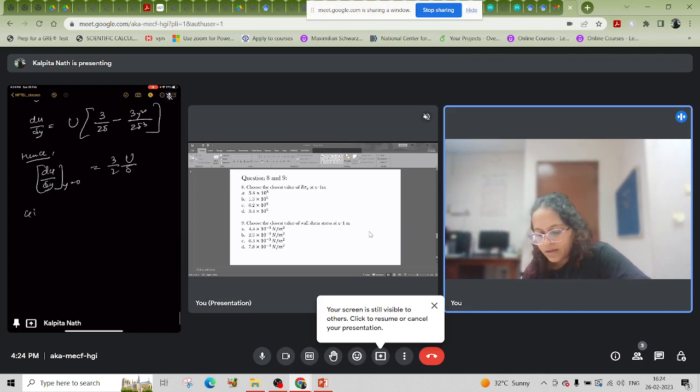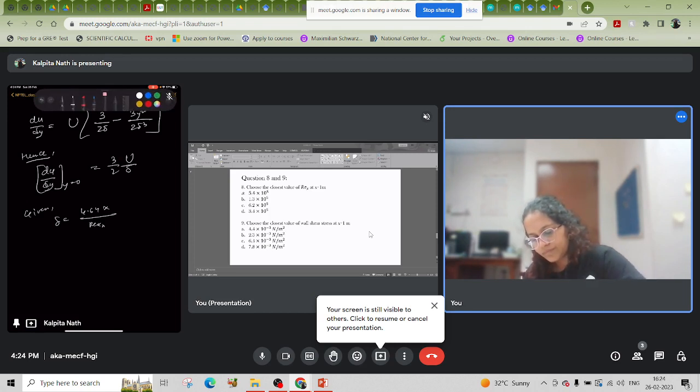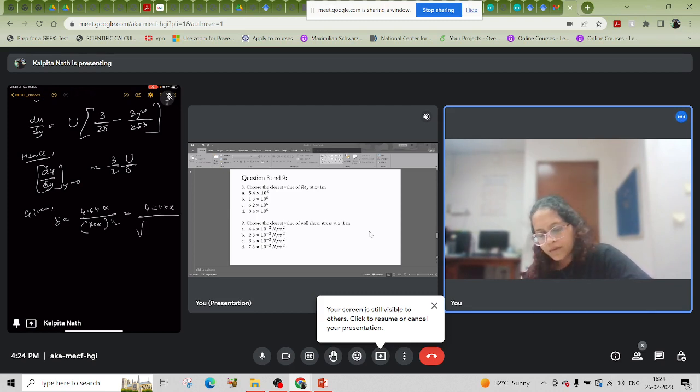So, it's given that delta is equal to 4.64 x upon root Reynolds number. Reynolds number half is equal to 4.64 into x by root over rho u x by mu.